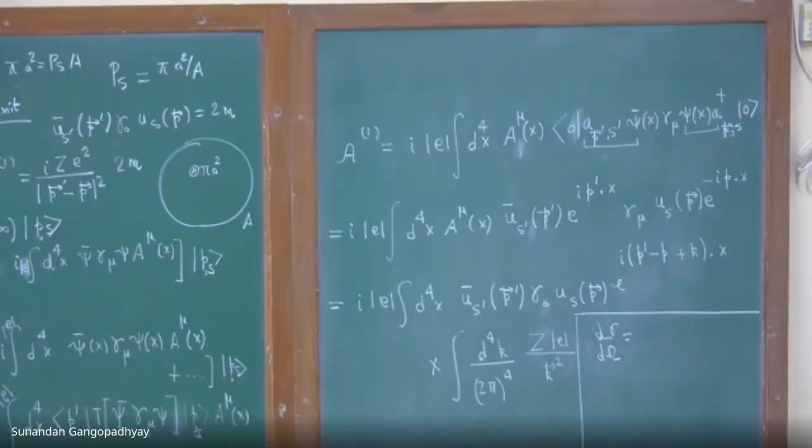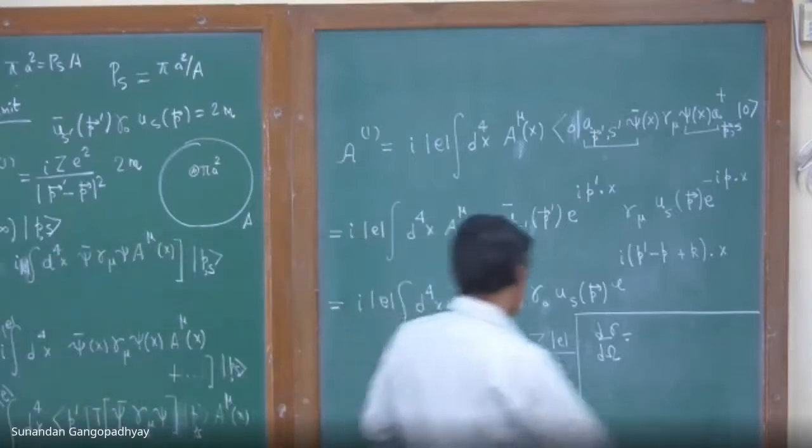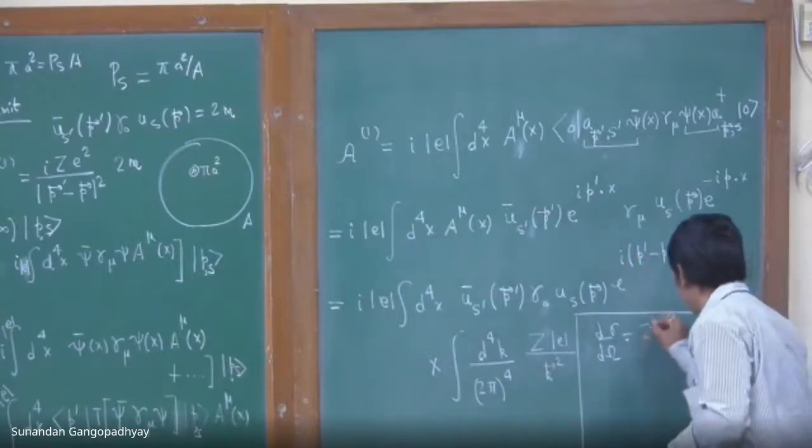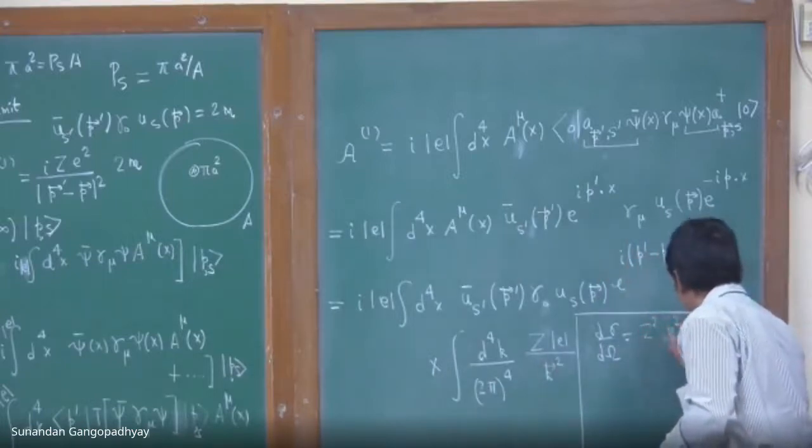You can also see from here that this 4 will cancel with 16 and it will be a 4 downstairs. Therefore, what you have is a z square, then you have a t square by 4 pi whole square.